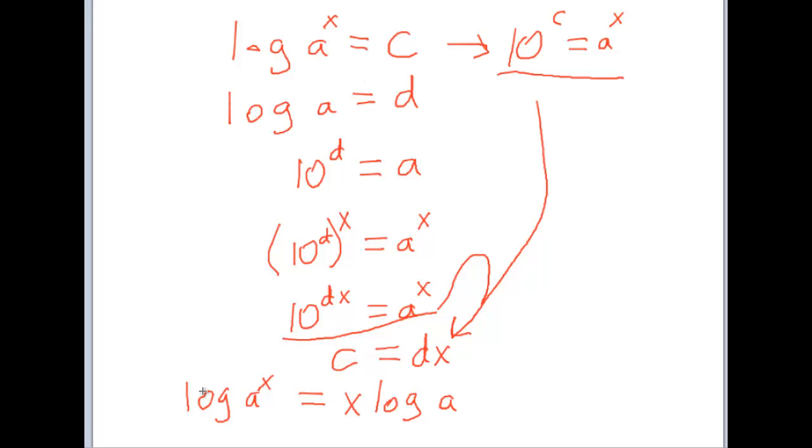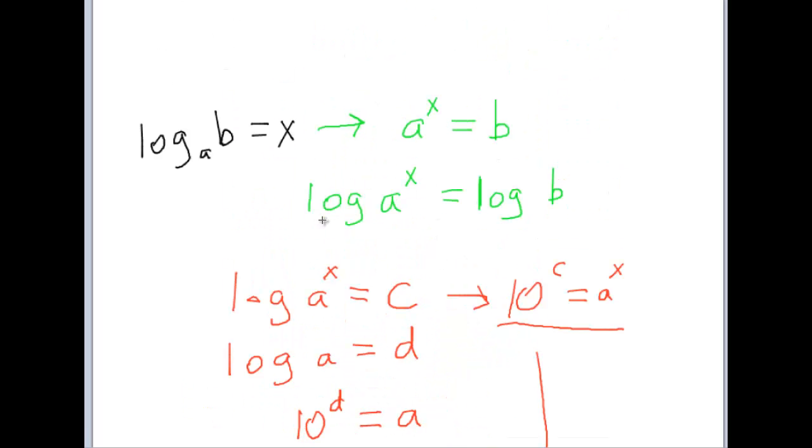Going back, c was log of a to the x, d was log of a, so log of a to the x is equal to x log a. And this is true for anything. That's why I used letters, to show this is true of everything.